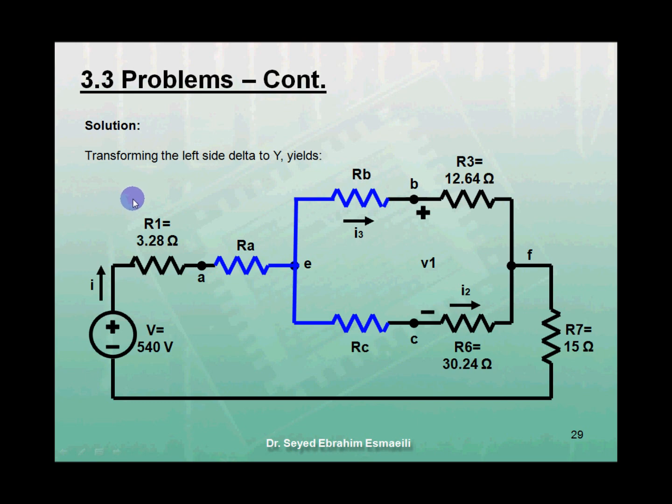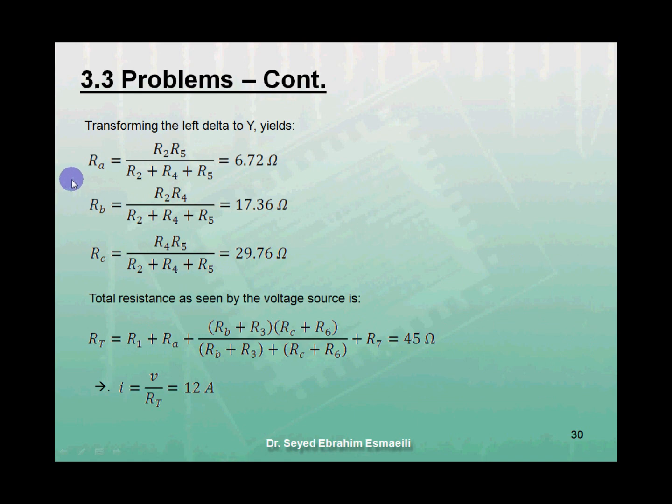By transforming the left side delta to Y, we obtain the simplified circuit shown here. In the previous figure, RA equals R2 times R5 over R2 plus R4 plus R5, equals 6.72 ohms.